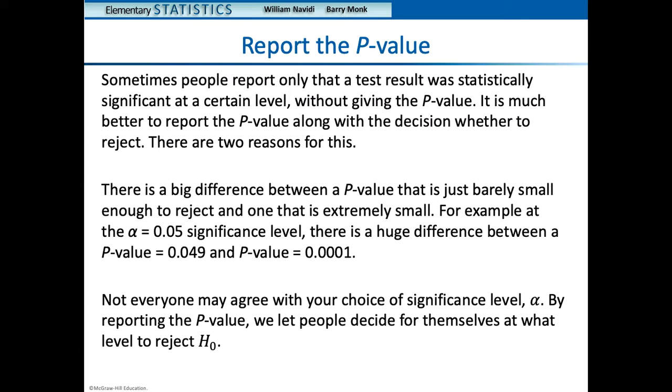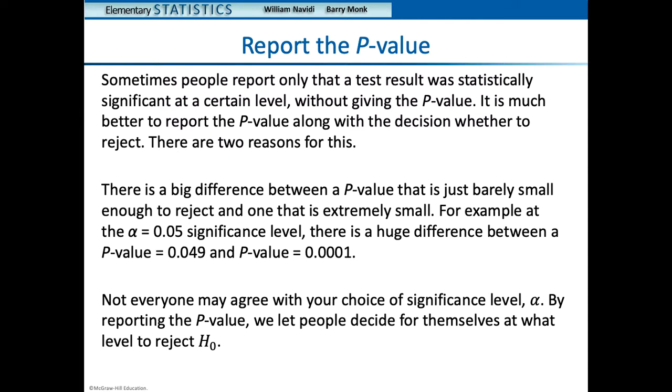If you choose alpha to be 0.05, somebody else might disagree with that and say the value of alpha should be something else, right? So for example, at the 0.05 significance level, there's a huge difference between a p-value of 0.049 and a p-value of 0.0001, but technically both of those p-values would result in the same decision being made at the 0.05 level, right? Because both of those p-values are smaller than 0.05.